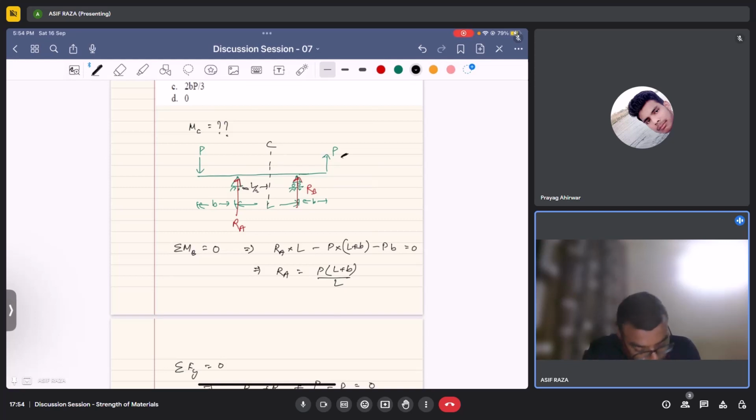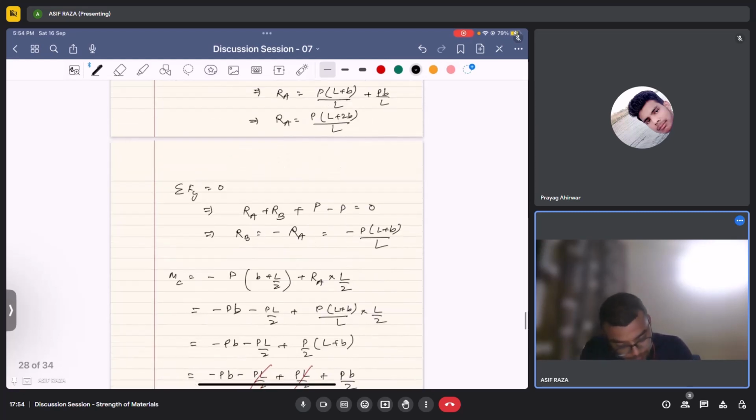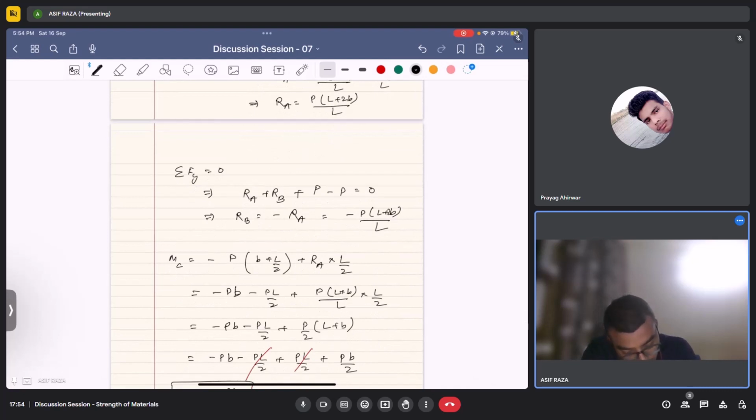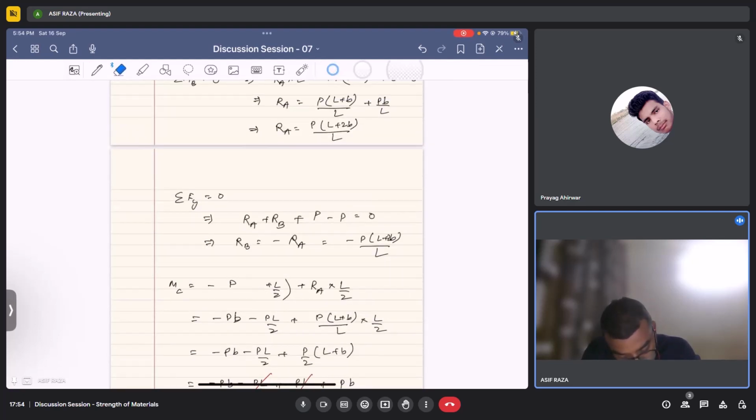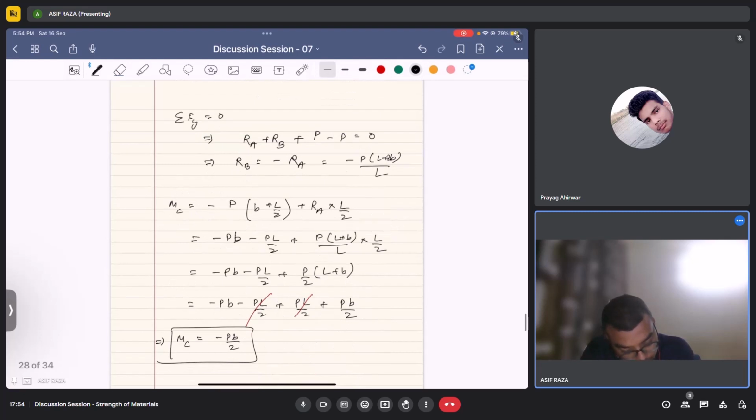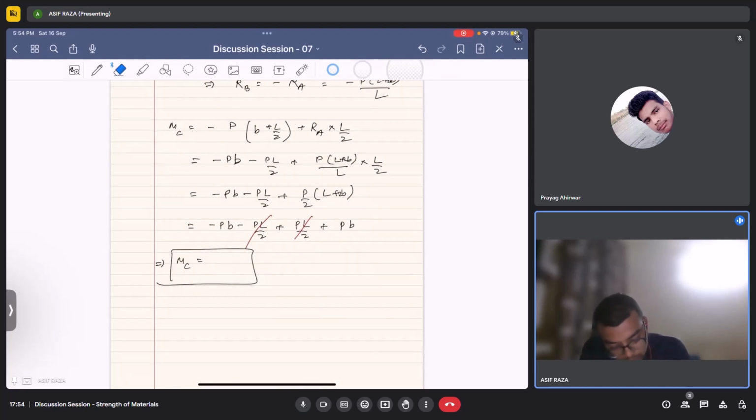So it would be plus PB by L, which implies RA would be P times L plus 2B by L. So this would also be 2B, so this would be PB, thus this would come out to be 0.